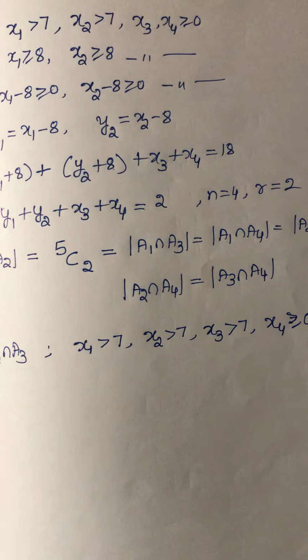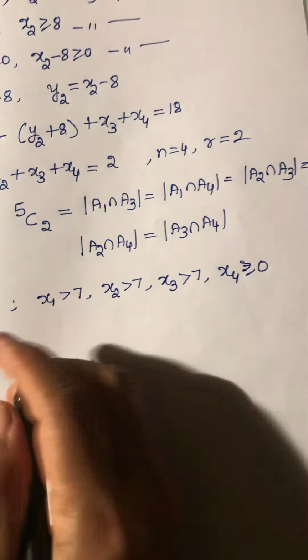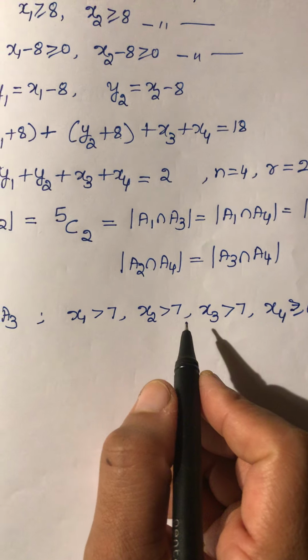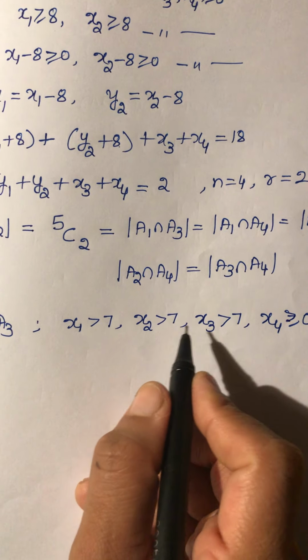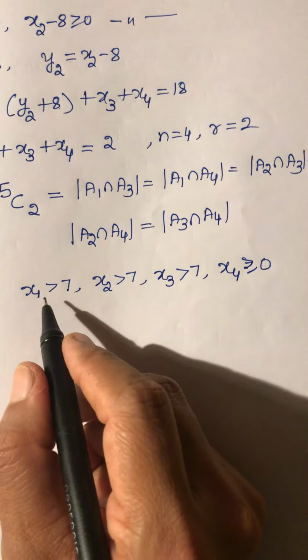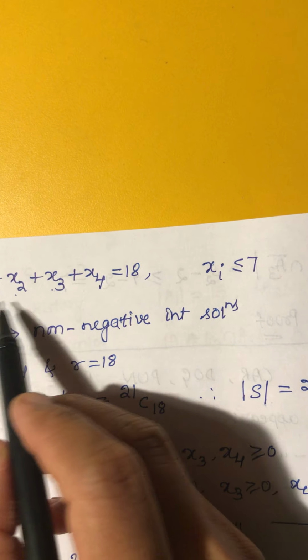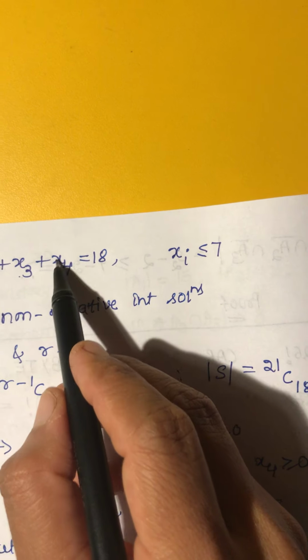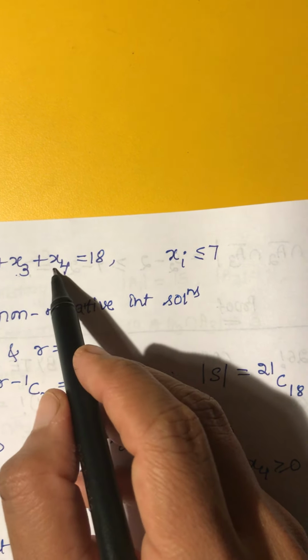See, if all these are greater than 7, that means they are greater than or equal to 8. Is it possible? 8 plus 8 plus 8, I am taking the minimum value 8. It can be 9, 10 or anything. Even if it's 8, 8 plus 8 plus 8, it's already becoming 24. 24 plus again something positive cannot be equal to 18. Right?